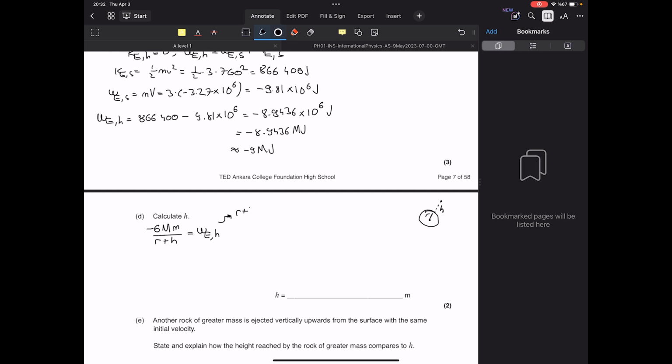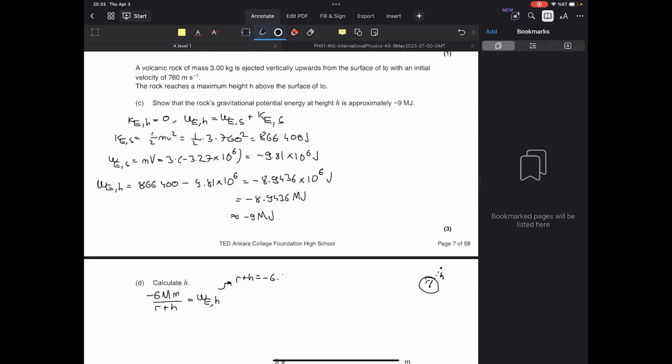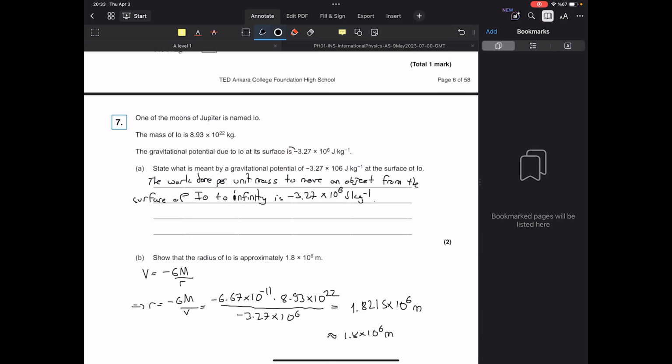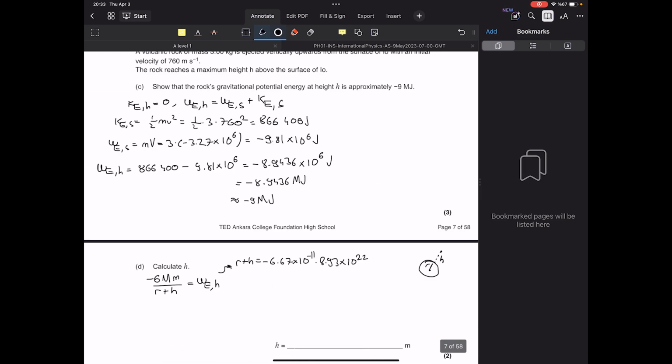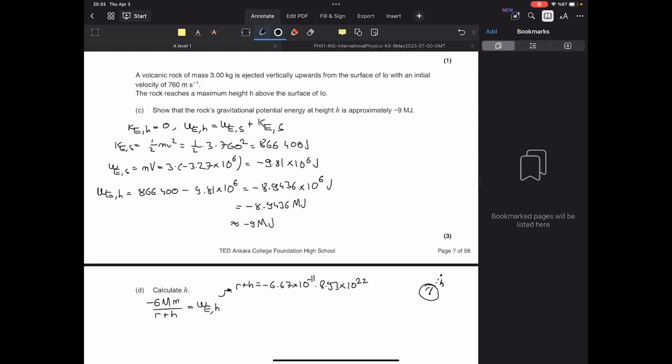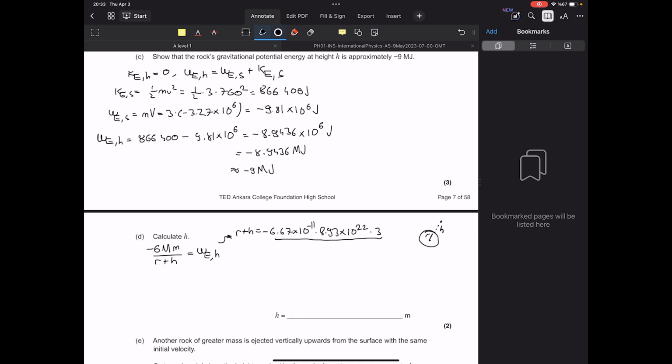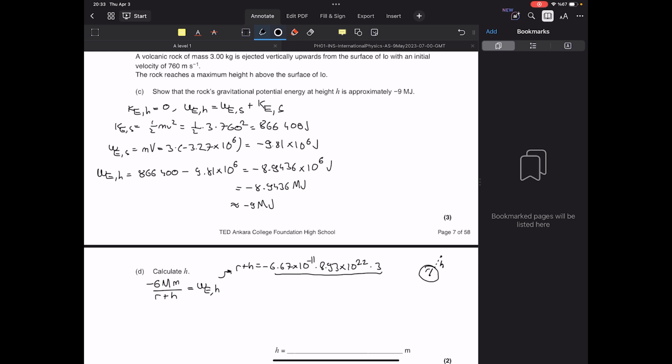So we can quickly find r plus h as negative 6.67 times 10 to the negative 11 times the mass of Io, which is 8.93 times 10 to the 22, times the mass of the rock, which is 3 kilograms, all divided by the potential energy at h, which is negative 8.9436 times 10 to the 6.